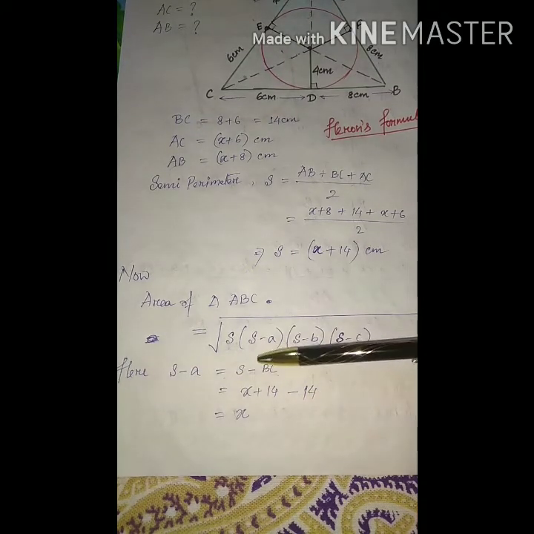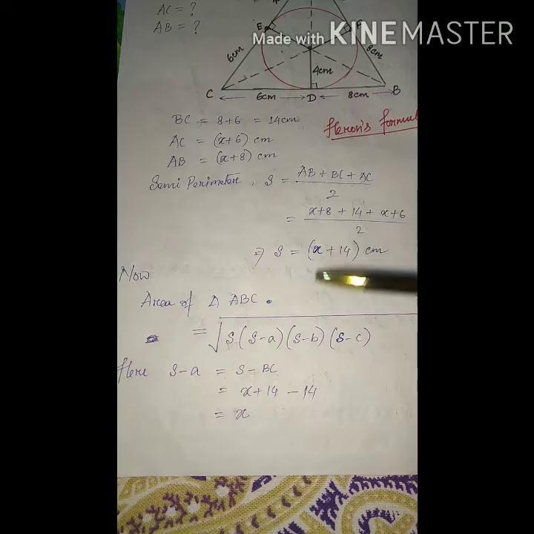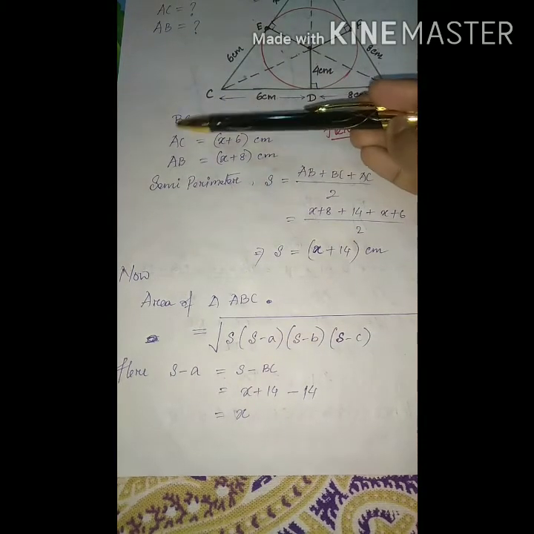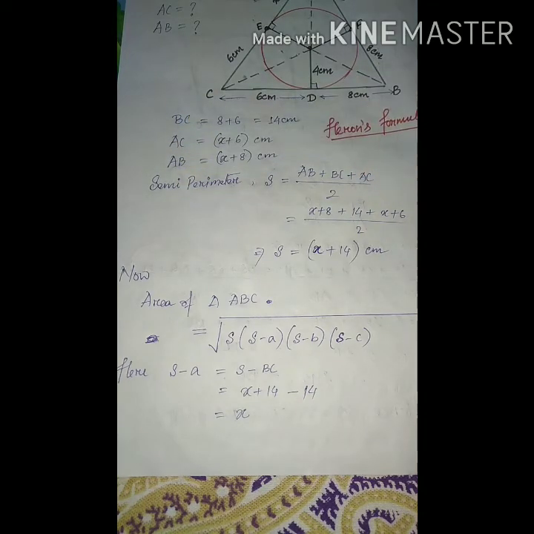If A is BC, then S minus A is X plus 14 minus 14, and if you put it in simply, you get X. As we already know S is X plus 14, similarly we have to find these three results: S minus A, S minus B, S minus C. The sides are BC, AC and AB, so we assume this one is A, this one is B and this one is C. In this way we have to find S minus A, S minus B and S minus C. Is it clear? So the result of S minus A is X centimeter. Is it clear? Okay.